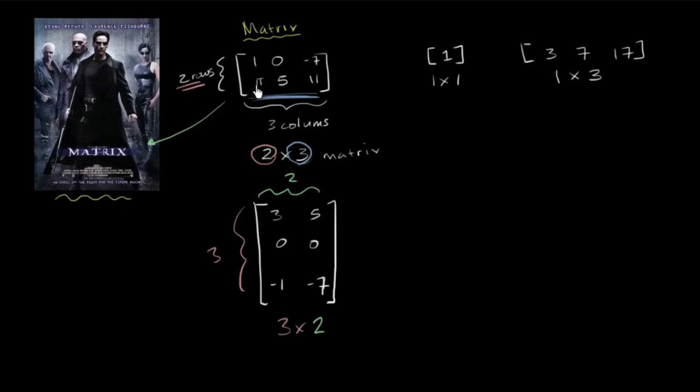And as we develop an algebra around matrices, we're going to talk about operations that we're going to perform on matrices that we would normally perform with numbers. We're going to define how to multiply matrices, how to add matrices, and we'll learn about taking an inverse of a matrix.